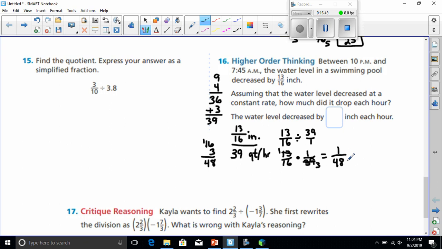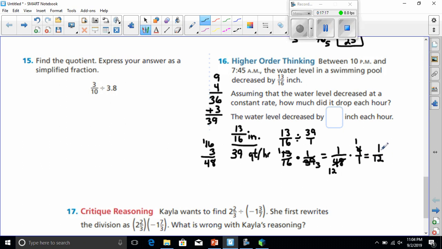We know it's 1 in 48 quarter hours, but now to find out how much it would drop each hour, we have to multiply this by 4. Okay? And so that's going to be 4 over 48. Again, we can use the butterfly method and put a 1 there. And that would put a 12 down here. And that's going to give us 1 over 12.